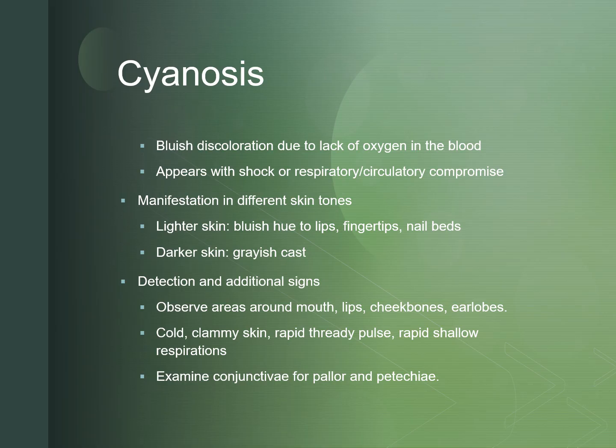Again, we want to note the differences in appearance from lighter skin, where we're going to see bluish discoloration of the lips, nail beds, and fingertips, versus darker skin, where it may appear gray, ashen, or dull. Again, we're focusing on areas with less pigmentation, like the lips, oral mucosa, and nail beds, or conjunctiva, even the earlobes and cheekbones. And we want to look for associated clinical signs.